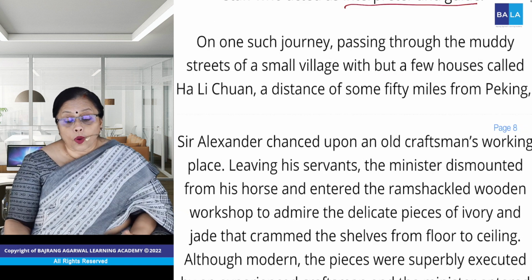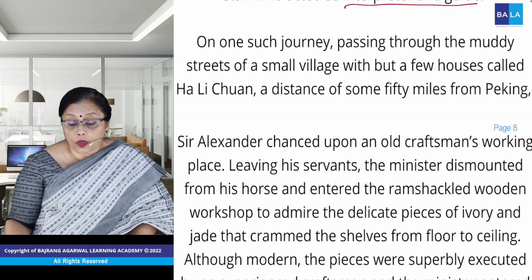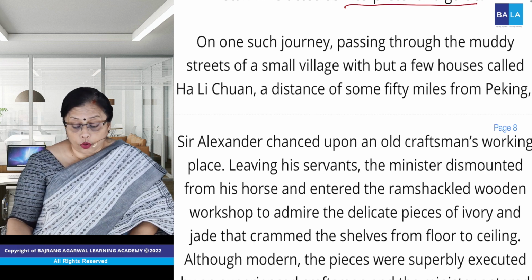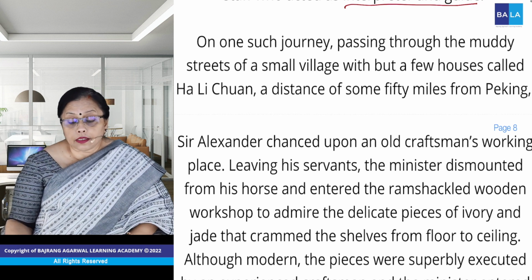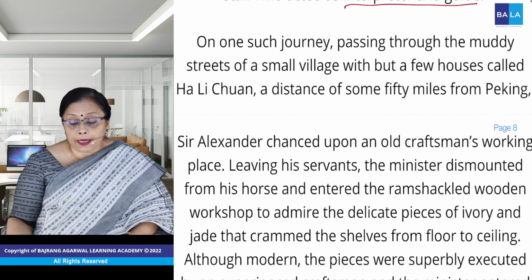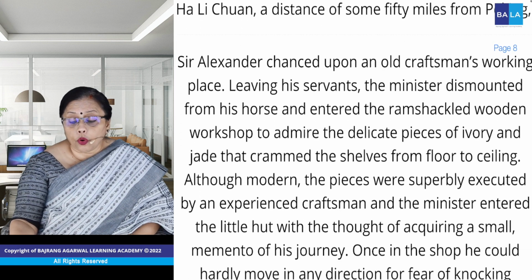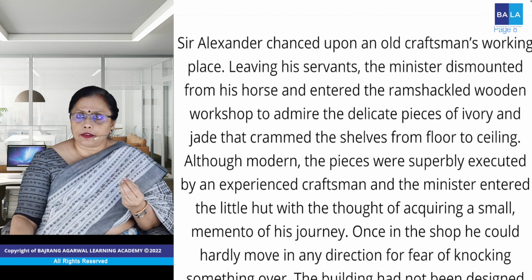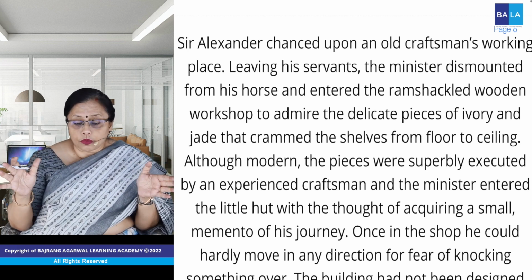Okay. On one such journey, passing through the muddy streets of a small village, with but a few houses, called Hali Shua. Remember, this village was called Hali Shua, a distance of about 50 miles from Peking. Sir Alexander chanced upon an old craftsman's working place, a very small, shed kind of thing, a small house.